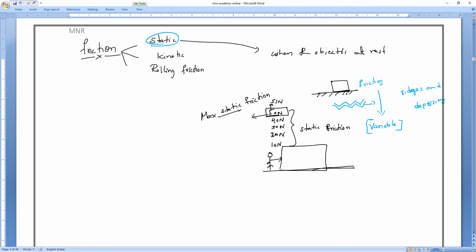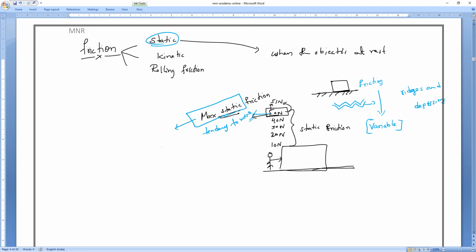If the body experiences a little more force than this, it will start into motion. This is the body's tendency to move, ready to move, but not actually in motion. At that time, the static friction is maximum.